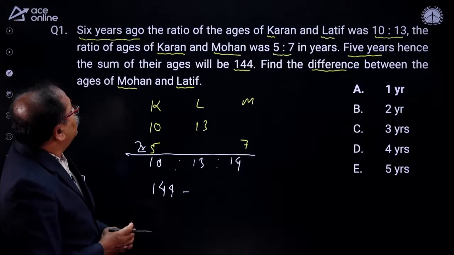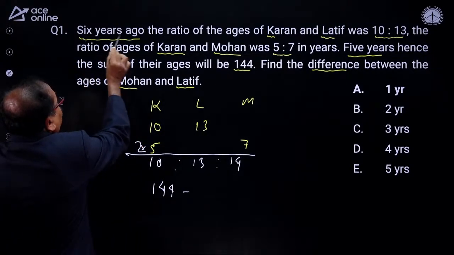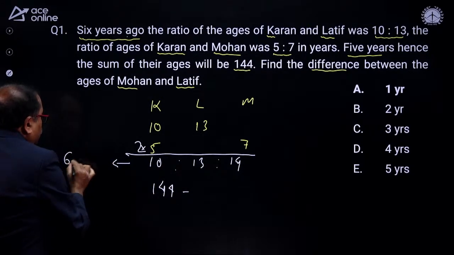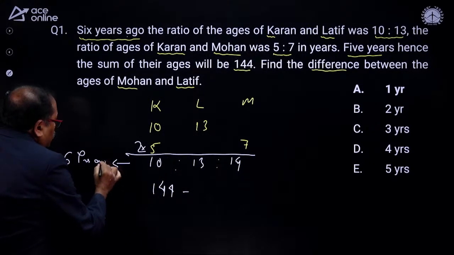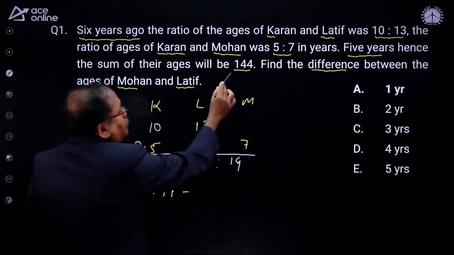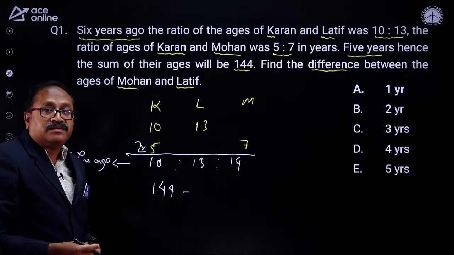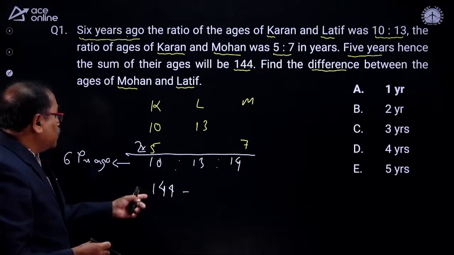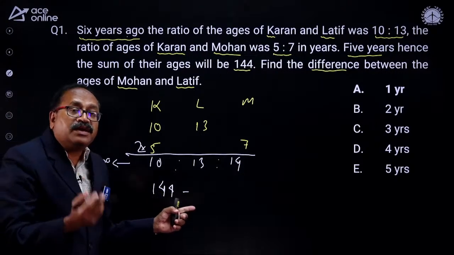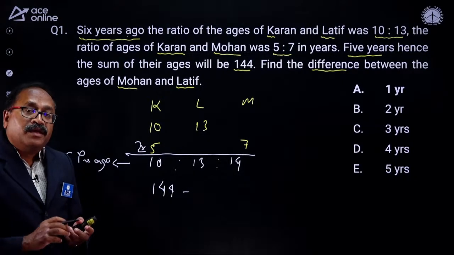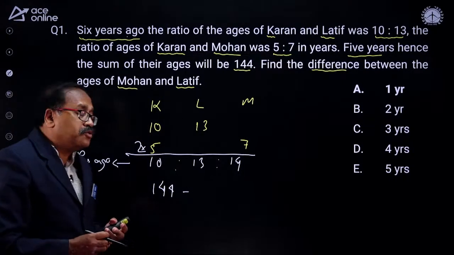This is the ratio 6 years ago, and the sum is 5 years hence, 5 साल के बाद में. इसका मतलब ये हो गया कि इसमें से हमें माइनस करना है या प्लस करना है? माइनस करना है. And how much I need to reduce?